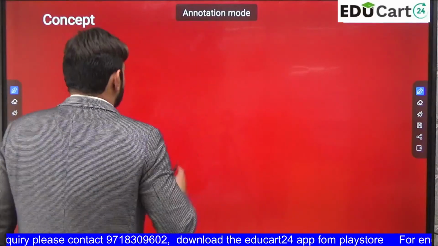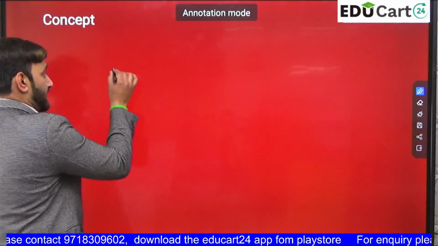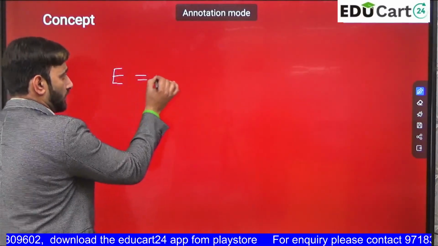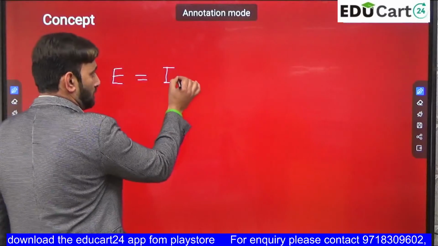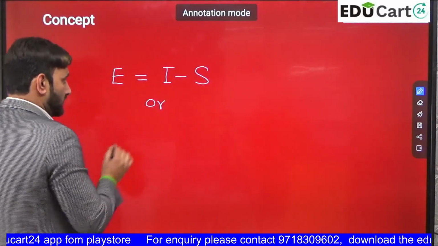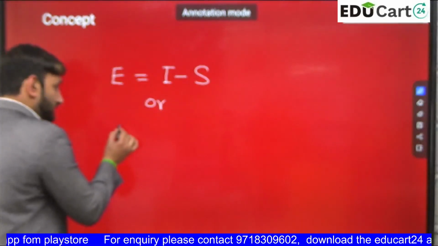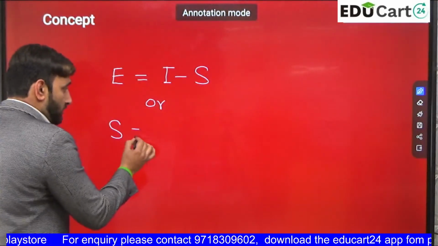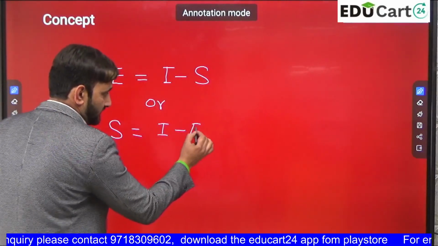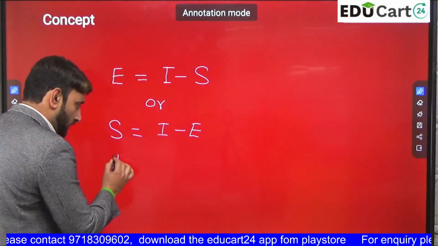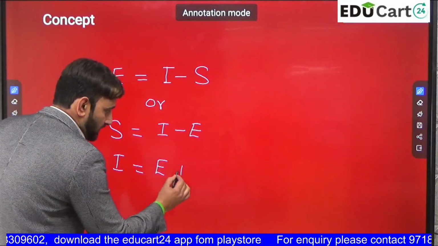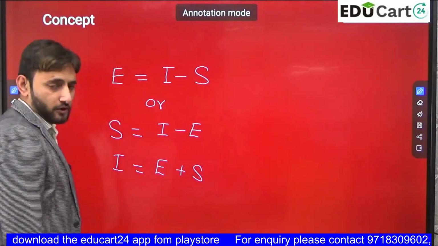So can I say expenditure is equal to income minus saving, or you can say savings are equal to income minus expenditure, or income is equal to expenditure plus the savings. Got it?